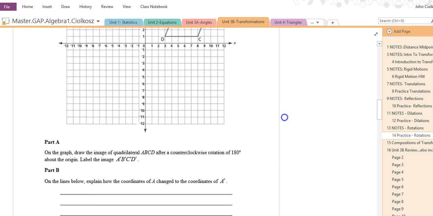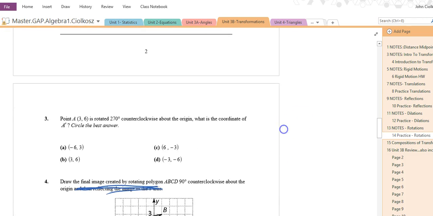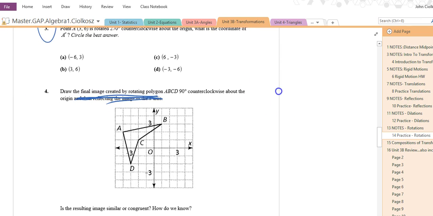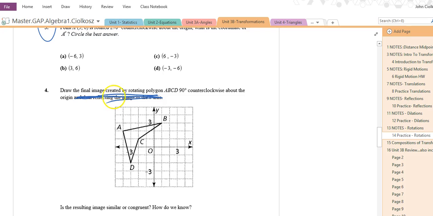Ignore the part that says about the origin. Every rotation we do is going to be about the origin. Let's go do 3. And notice this is definitely crossed out here. So get rid of the and then reflecting part. And just do 4 as it says.